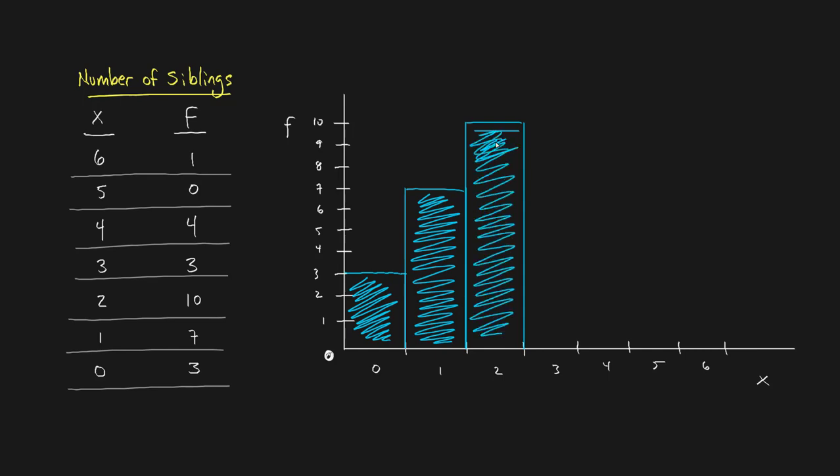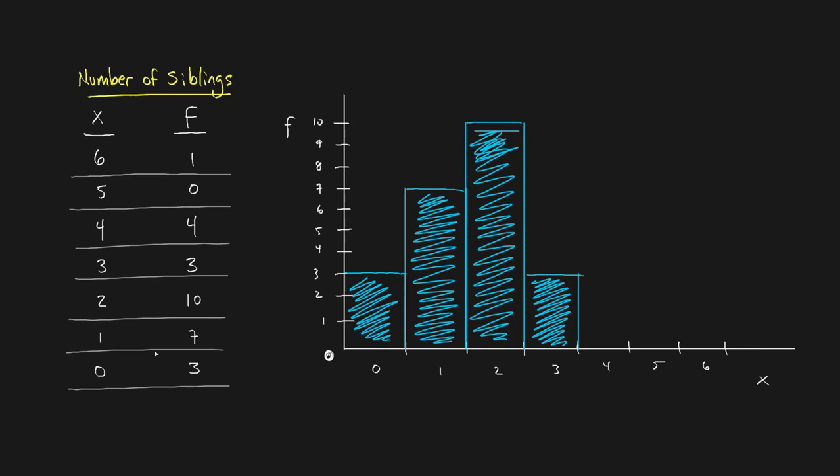And for 3, there are 3. So you can see that this is the same as the last one that I did. I'm making sure that I put all of my bars right next to each other, and I'm just reading the frequencies right off of the table.